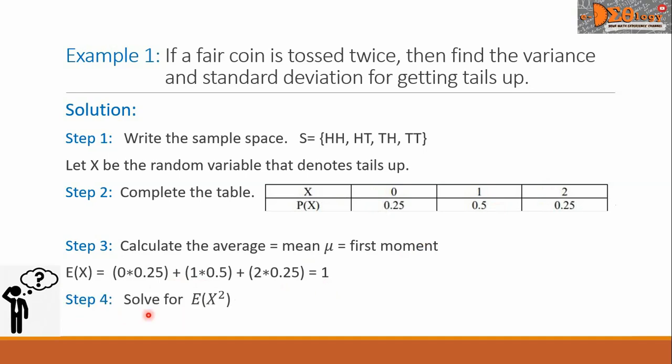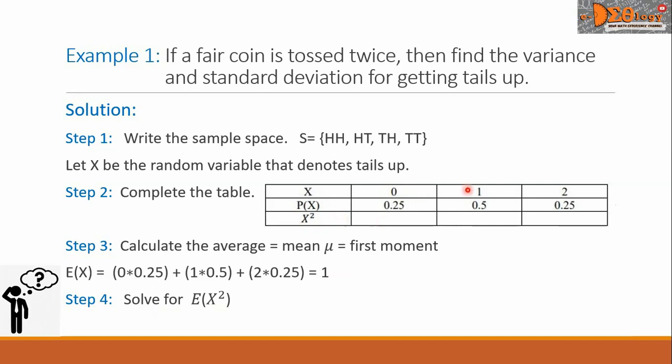For step 4, let us solve for E of X squared. In solving this, we need to write one more row, the row for X squared. This X squared means we're going to square each of the numbers in the row X. 0 squared will be 0. 1 squared is 1. 2 squared is 4.